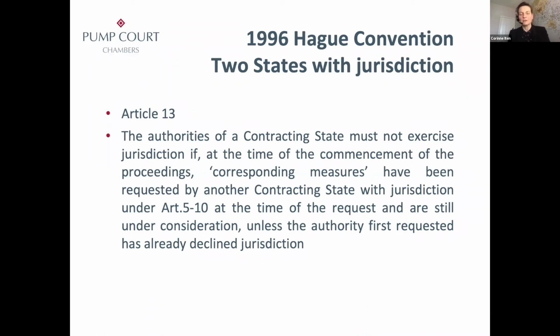I think, translated into plain English, that basically means if a child arrives in this jurisdiction and, for the sake of argument, acquires habitual residence, the court here must not do anything if there are ongoing proceedings in another state where the child previously had habitual residence, or which had jurisdiction for other reasons such as on the basis of presence there, unless that other authority has declined jurisdiction.